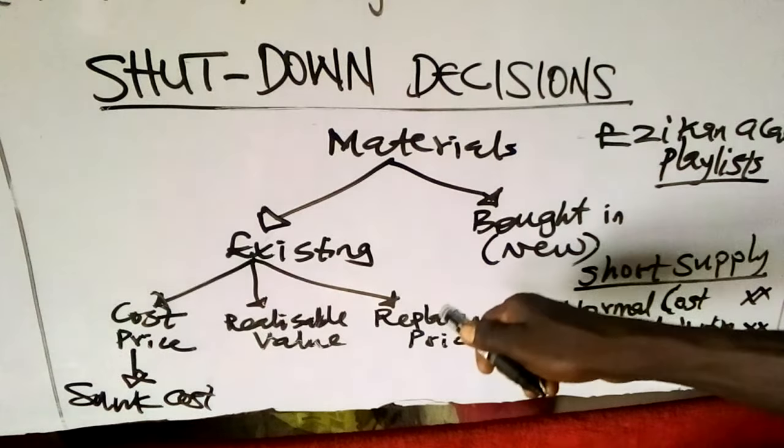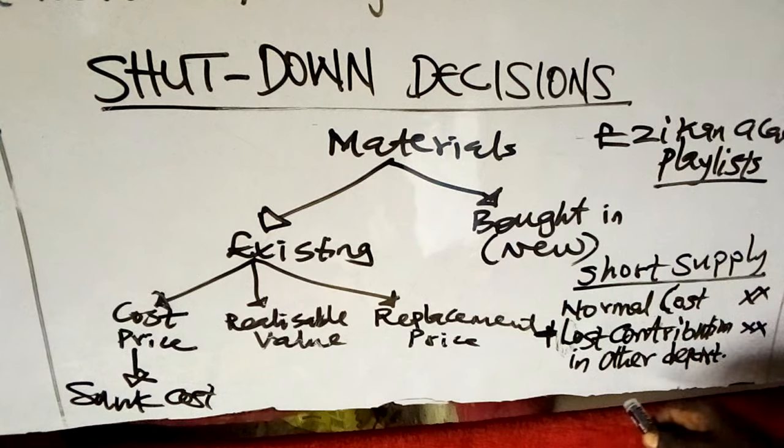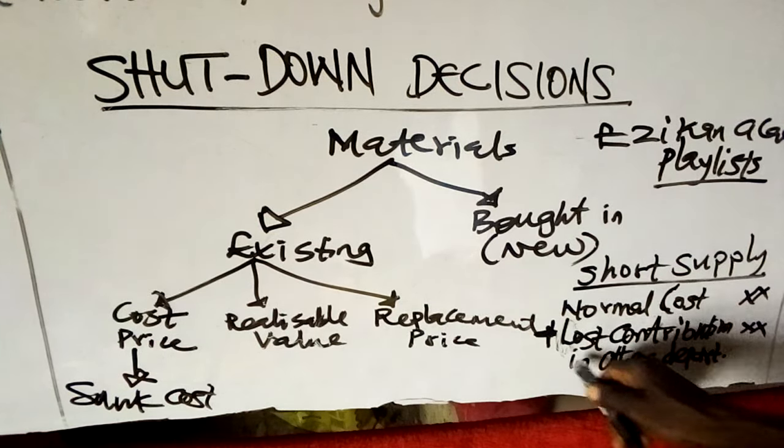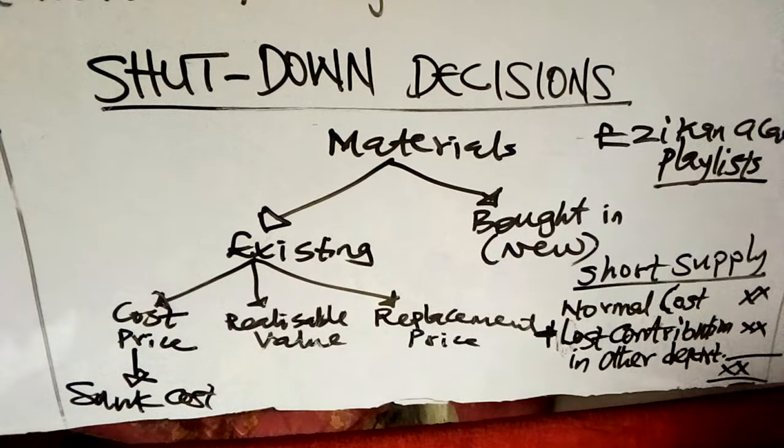Or you want to divert material from B, the contribution in that B will be lost. So that is the contribution. Then you take the normal cost of that material plus the contribution that will be lost. I've told you that this will be considered as relevant cost where the materials are in short supply.